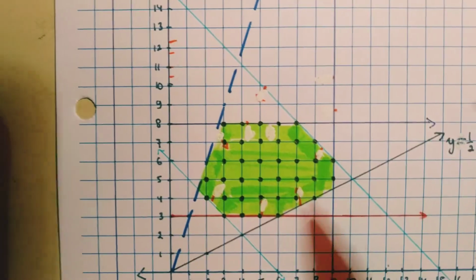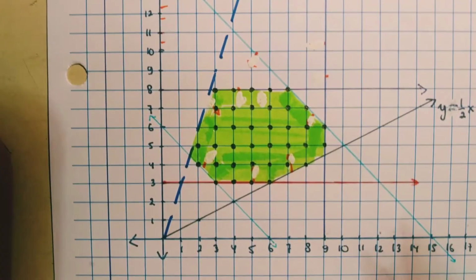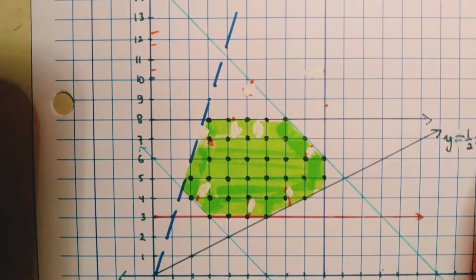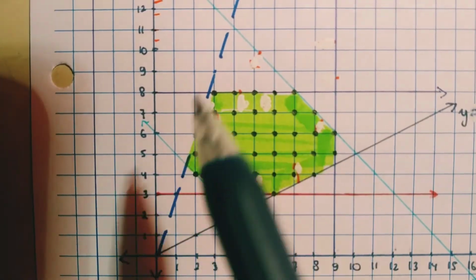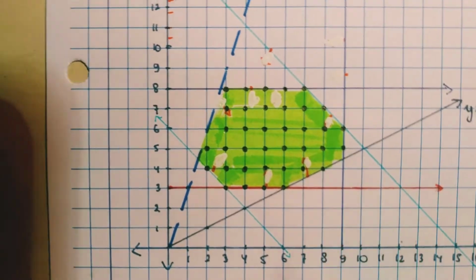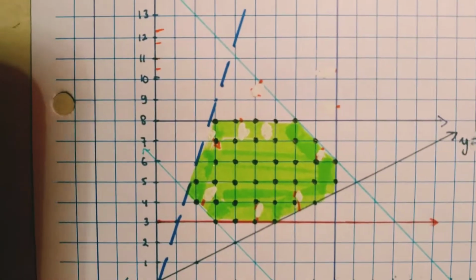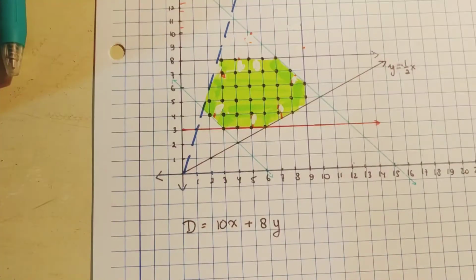Since we are speaking about the money we earn, of course we want to get it as high as possible, right? So the optimum point in this case is the maximum. So which one of these pairs will give us the highest possible money that we can earn? So let's go to the function of total dollars that we earn.